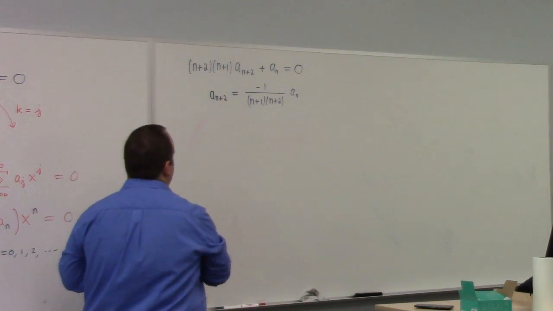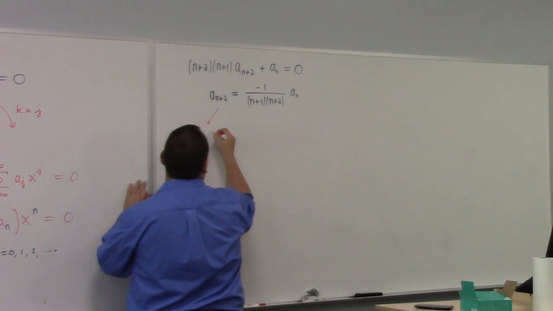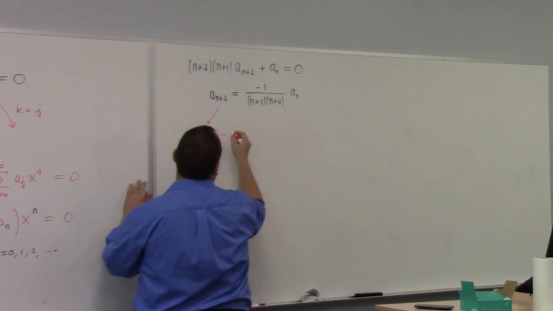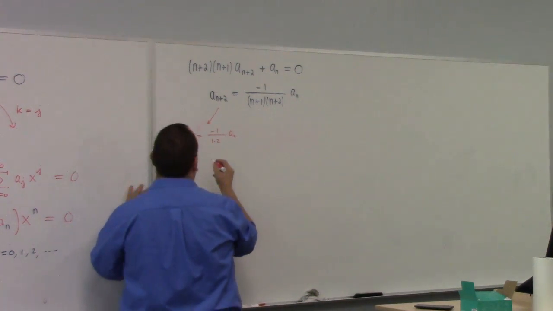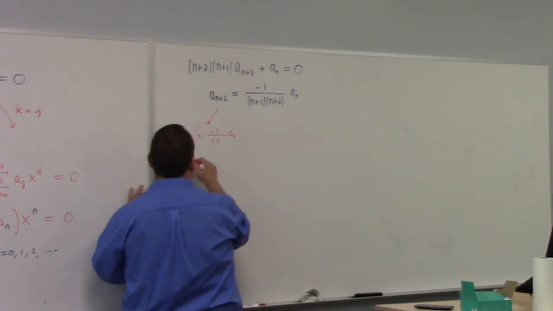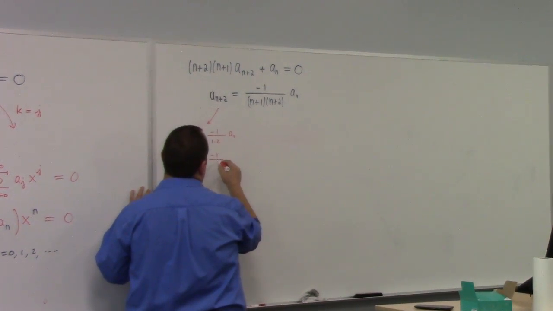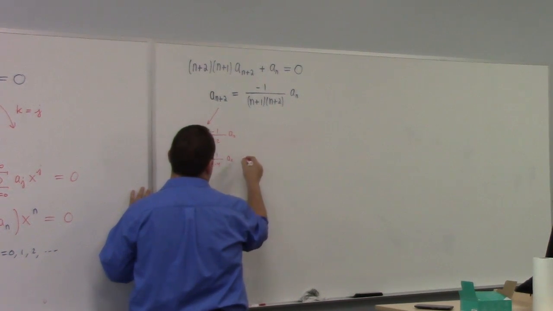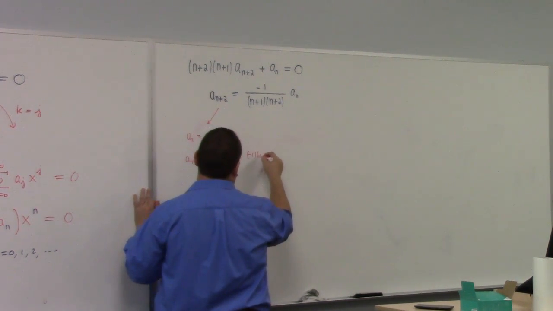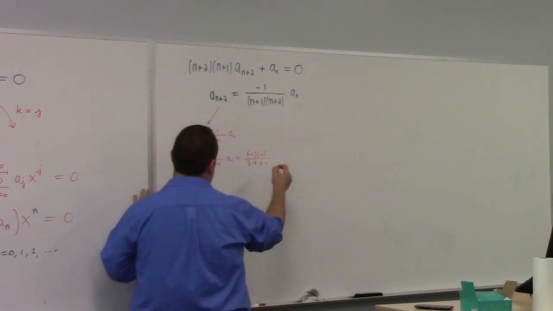The one way I would go, a sub 2 is minus 1 over 1 times 2 a sub naught. What's a sub 4? A sub 4 is minus 1 over 3 times 4 a sub 2. But by the way, that's minus 1 times minus 1 over 3 times 4 times 2 times 1 a sub naught.